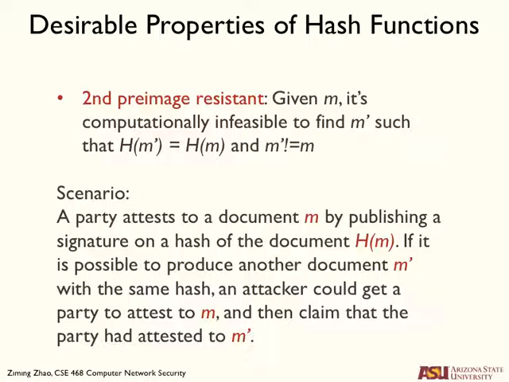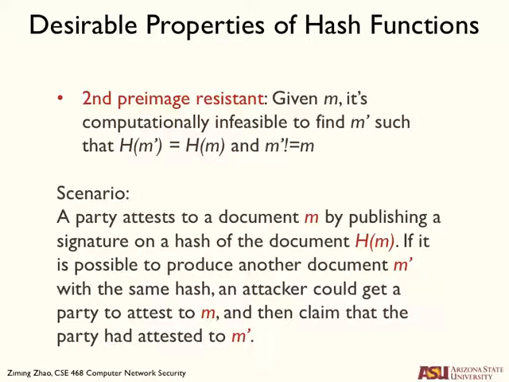So I do a hash of the document, which makes the signature also very short, just the size of the hash. If this property does not hold, then it would be possible for an attacker to generate another message M prime that has the same hash value as the original message.